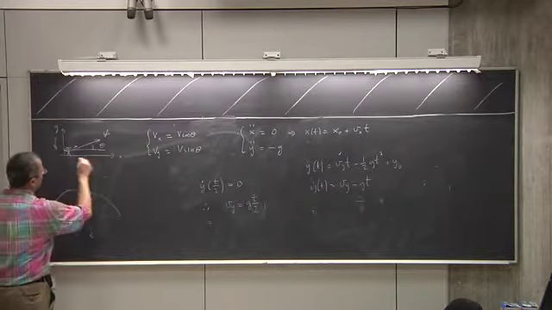D is whatever is left, so it's just Vx times t, right? But t, I have it here, is just twice Vy divided by g. So I found twice Vx Vy divided by g.